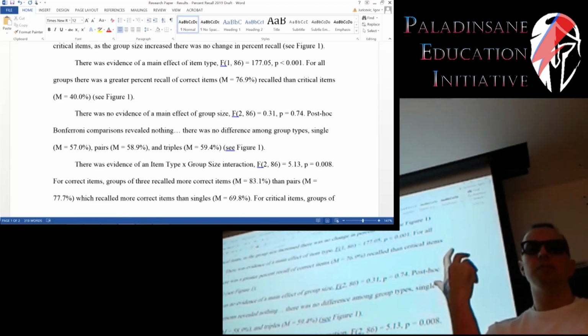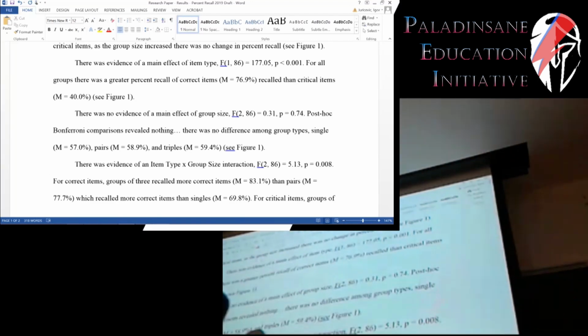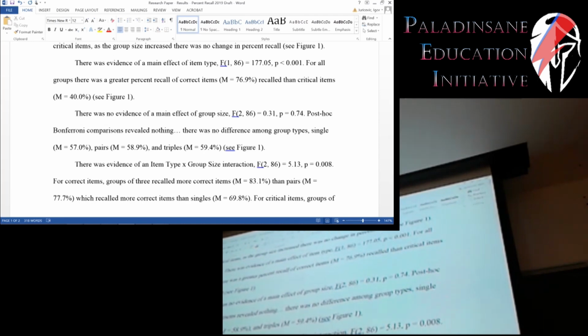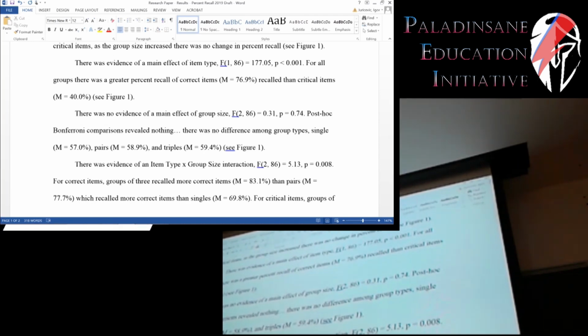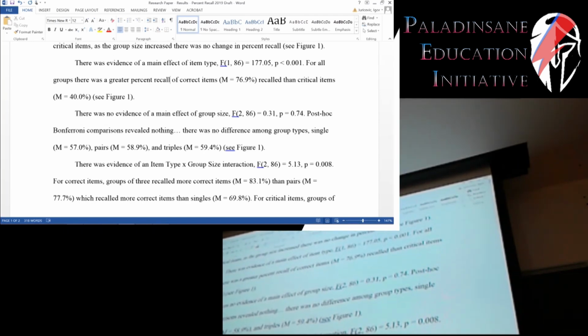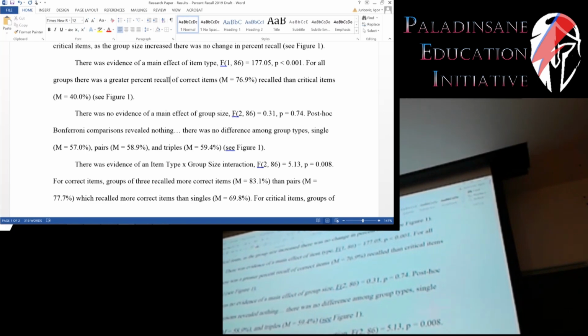One way to also help a results section, and I'm kind of seeing this here, see if you can get rid of extra words.